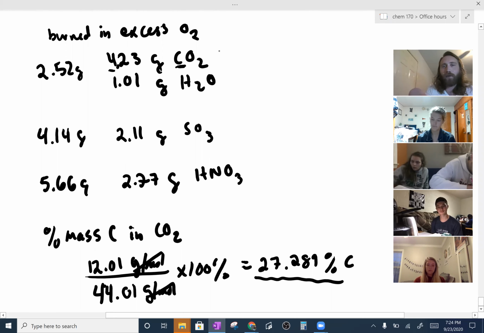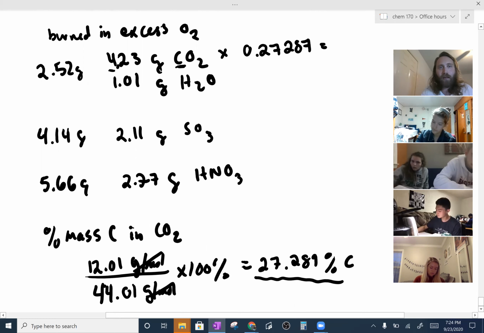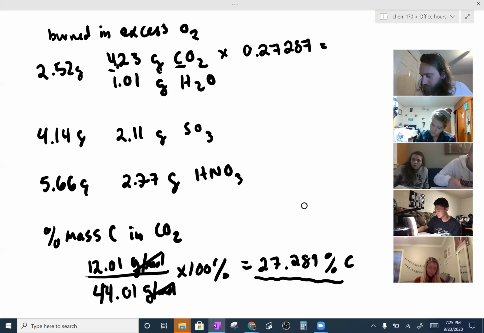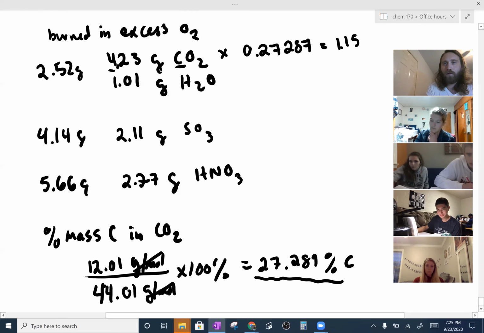Okay, so I'm just going to multiply that mass by the decimal form, 0.27287, and I get a total carbon mass of, I have to calculate this, 4.23 times 0.27287, 1.154, and let's see, that's 4 sig figs, that's 3, so we end up with 3 here. 1.154 grams of carbon.